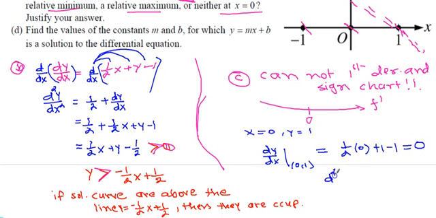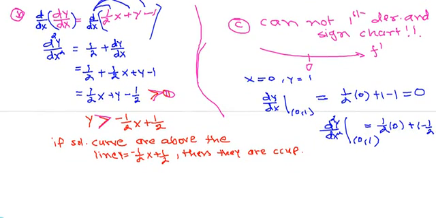Now let's check the second derivative, d squared y over dx squared at (0, 1), which we have already found here, which is 1/2 (0 plus 1 minus 1/2). So you just have to see, is it going to be greater than 0 or less than 0? 1 minus 1/2 is 1/2, which is greater than 0.